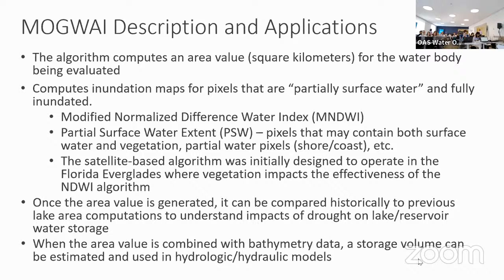So the goal of the Mogwai algorithm, or DSWE, was to map not only pure bare water, but to account for water that might be in partially vegetated or shoreline areas. So that's all this algorithm really does. It's very straightforward. Again, we run it in Python code.